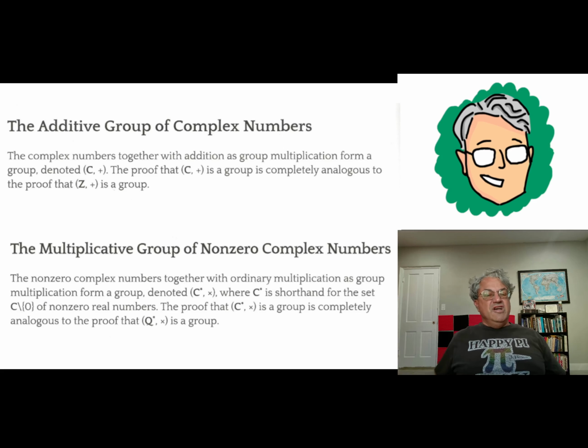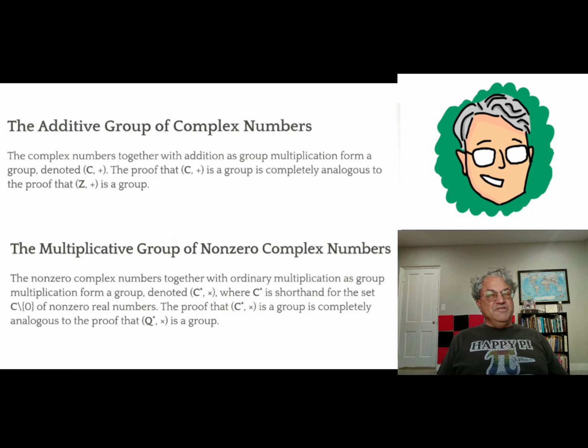So I just proved that the non-zero complex numbers form a multiplicative group, and that makes the complex numbers a field. A very powerful field. I like the complex numbers a lot better than the real numbers, even though in the real world we're not used to dealing with complex valued quantities.